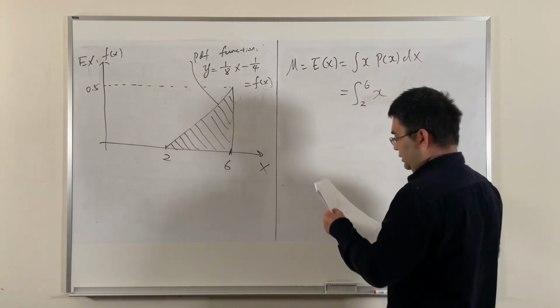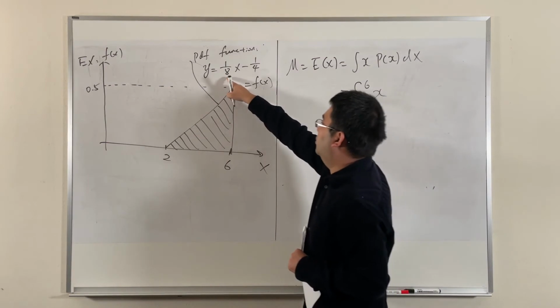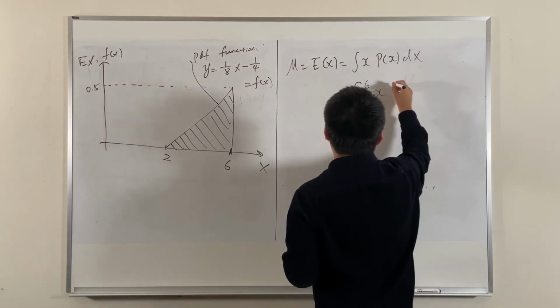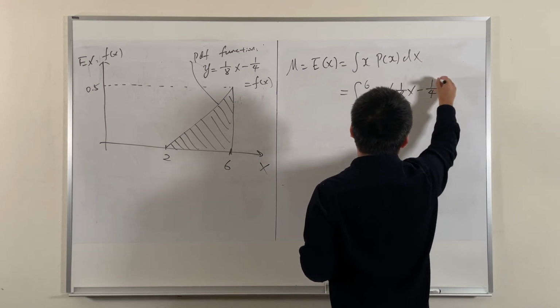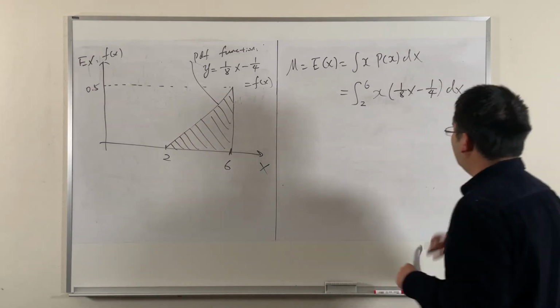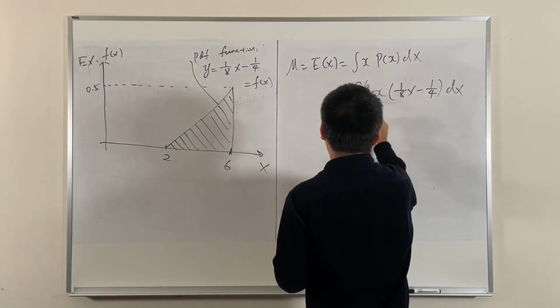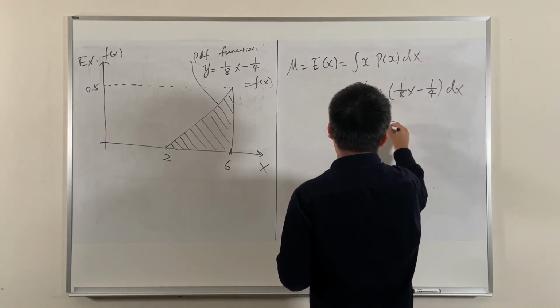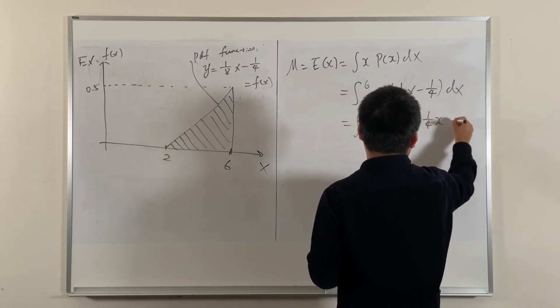Then the PDF function equals 1/8 x minus 1/4. So that's 1/8 x squared minus 1/4 x, and then dx. And we're going to solve this integral here.